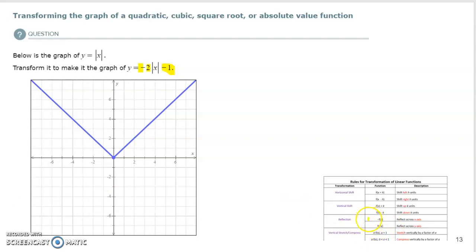Negative on the outside means I'm flipping across the x-axis. A 2 on the outside means that I am stretching it vertically, which makes it narrower. And a -1 on the outside means that I am moving it down.